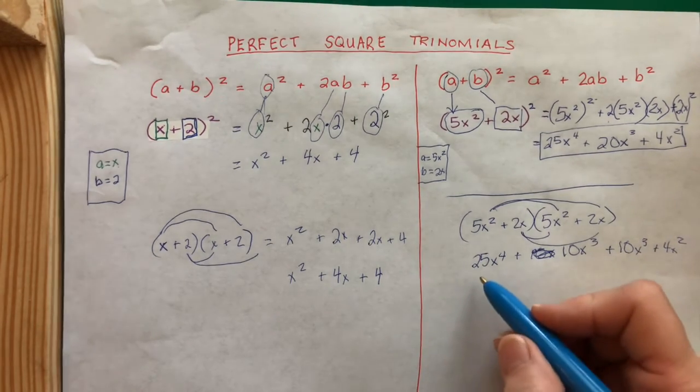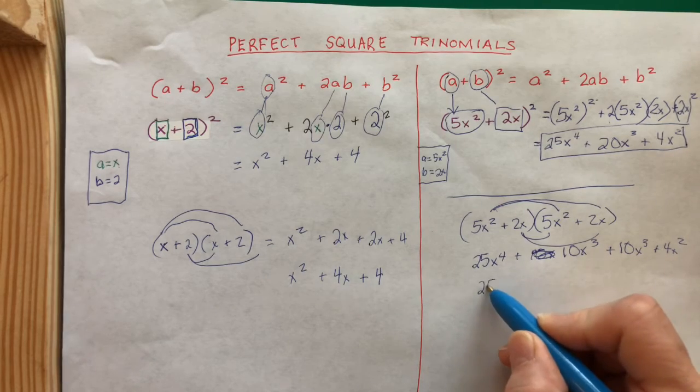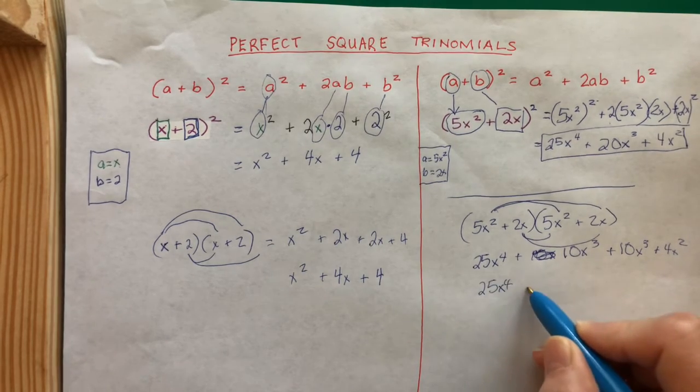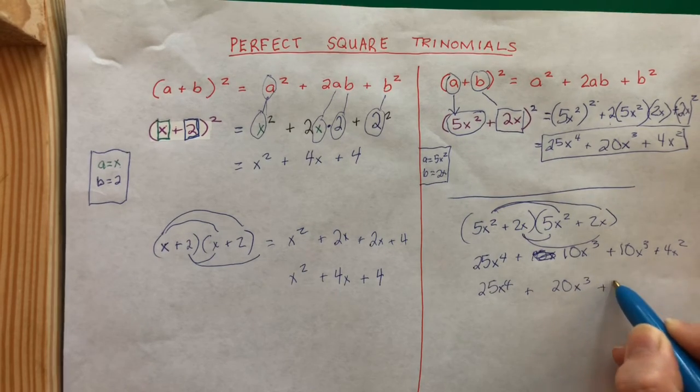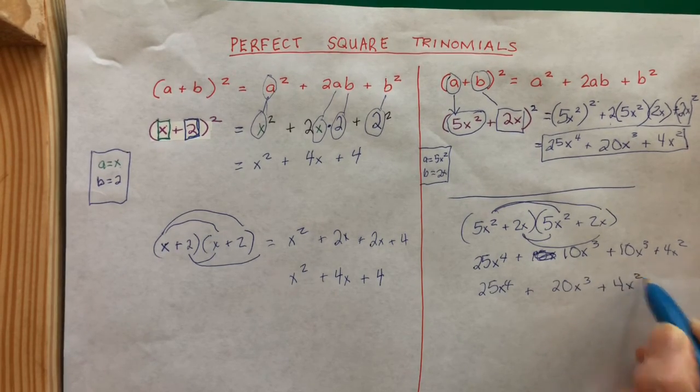And then I could have simplified it: 25x to the fourth plus 20x cubed plus 4x squared.